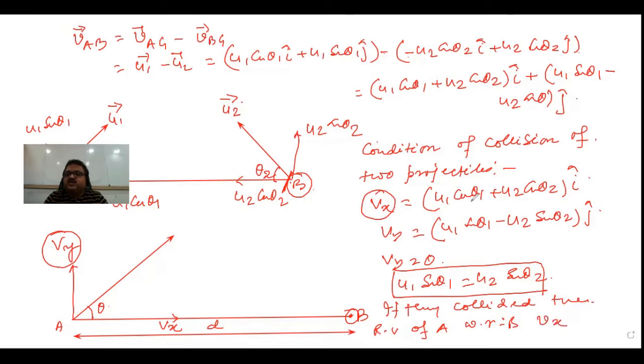And Vx equal to what? u1 cos theta 1 plus u2 cos theta 2. So Vx equal to u1 cos theta 1 plus u2 cos theta 2. So the relative velocity of A with respect to B is only this.